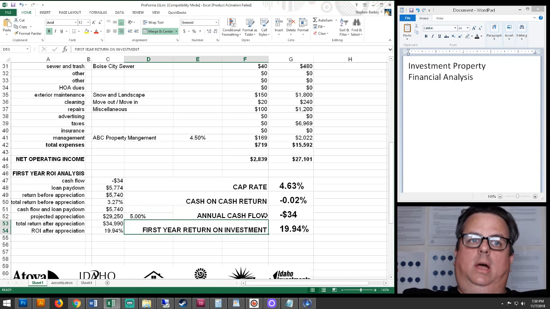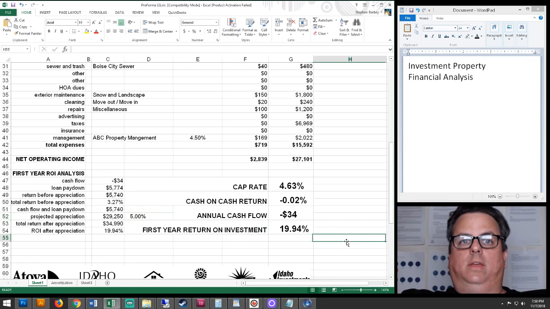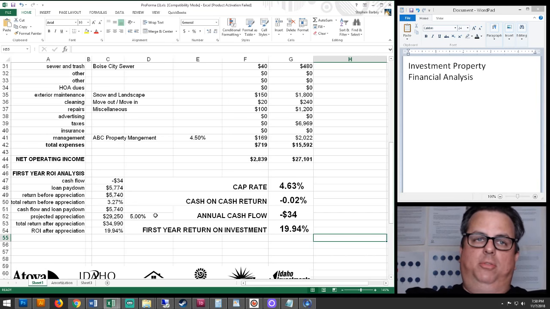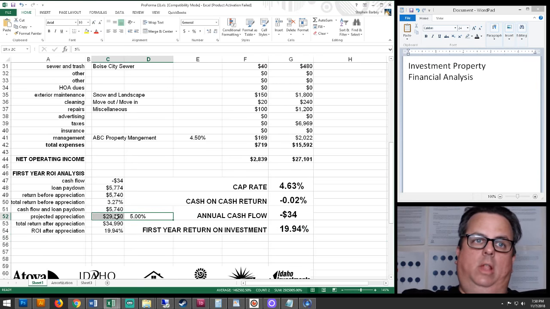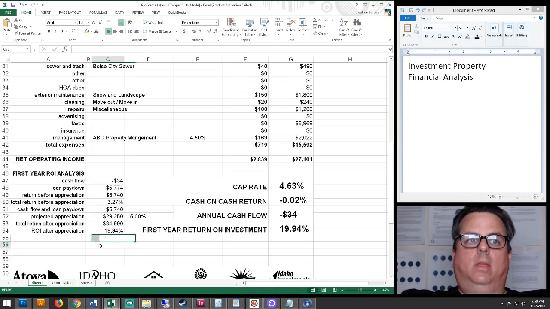That's important because you're going to see that you have this negative cash flow, and if you don't show some appreciation to offset it, then the investment's just not worth it at all. You have to be able to show that silver lining, and you do that here with the projected appreciation.